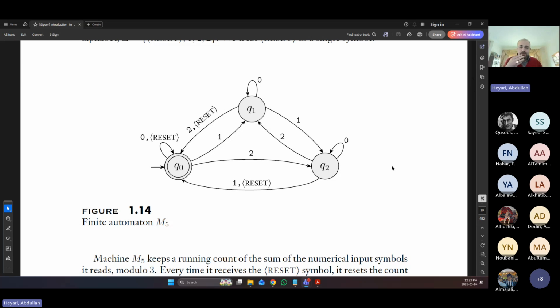Yet it is still a finite state machine, but can be only described using notations, using definitions. And we will be having one in a minute. So the machine here, M5, accepts all strings of zeros, ones, and twos, and maybe reset is included. It's like cheating, but zeros, ones, and twos, where the sum of digits within that string is divisible by 3.